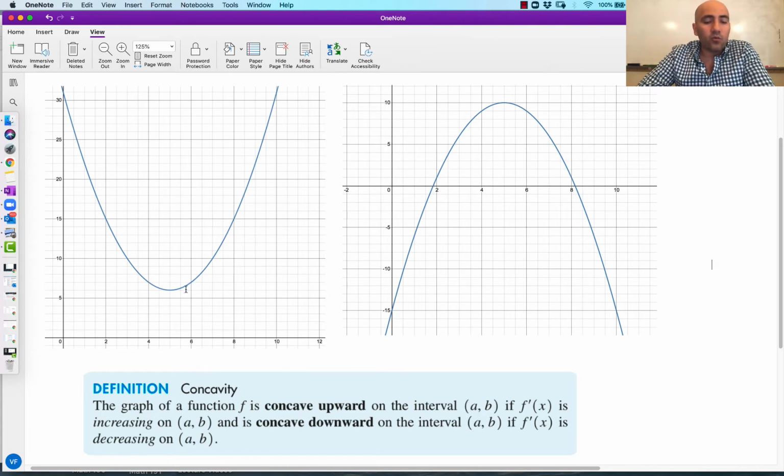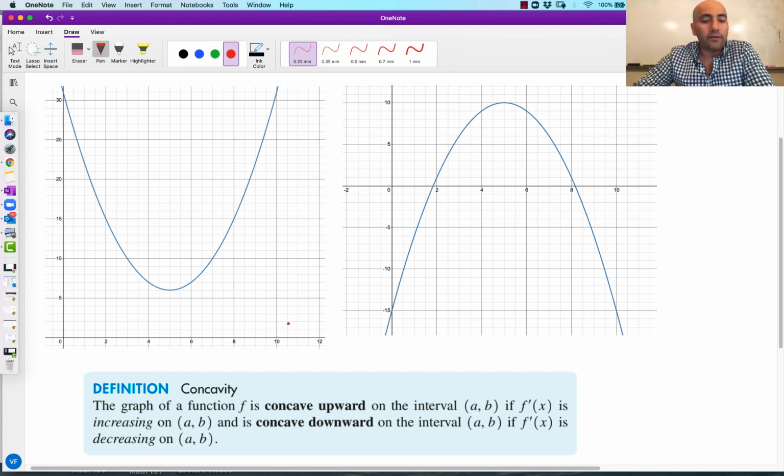This is what we consider concave up, whereas when it's upside down, we call it concave down or concave downward. So this one up here is concave up, and this one over here we call concave down.